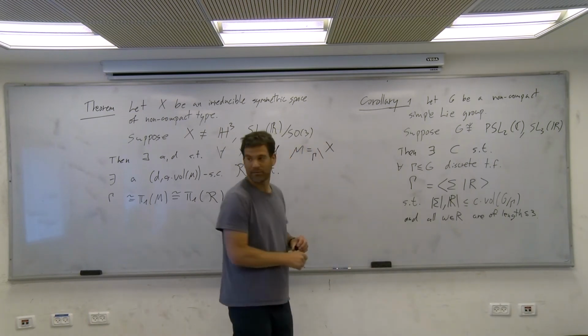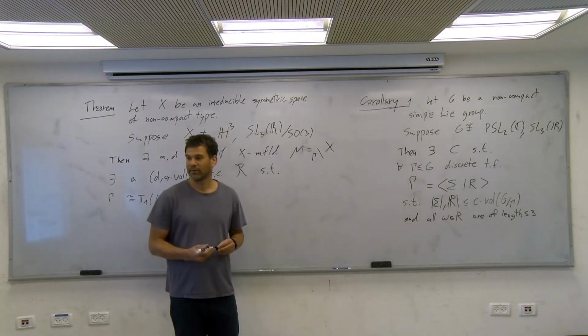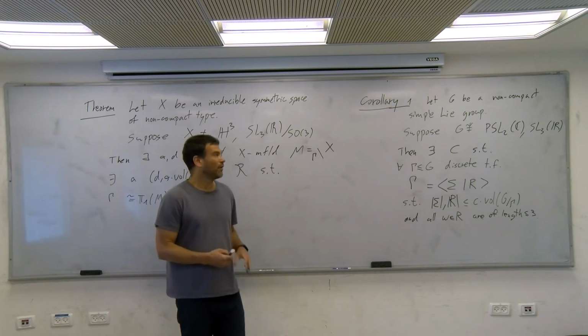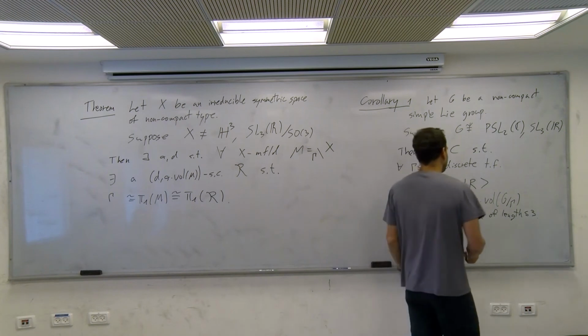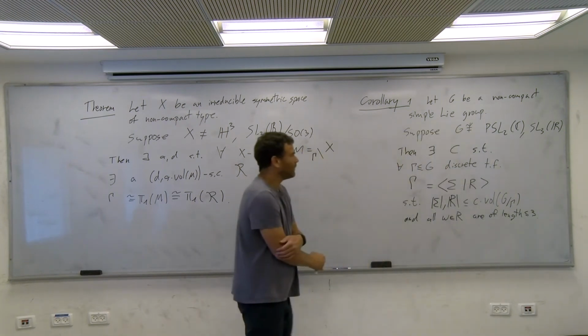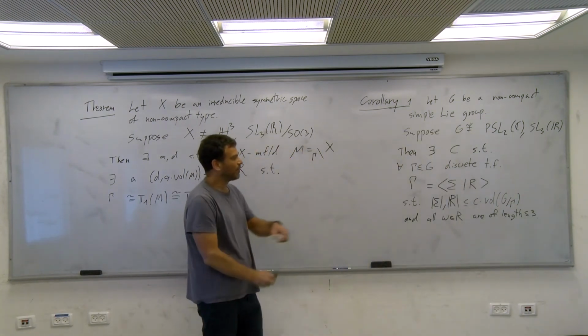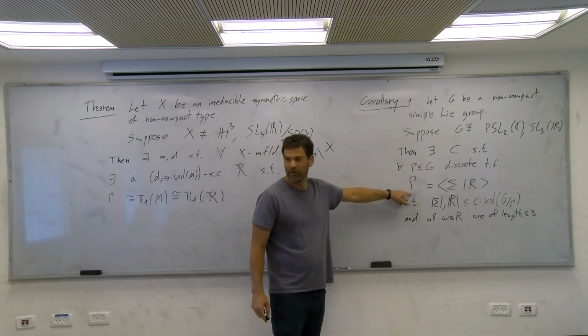What do you know about this if it's not torsion free? It's not true? Okay, this is another theorem for later. If it's not torsion-free, I can bound the number of generators the same way.